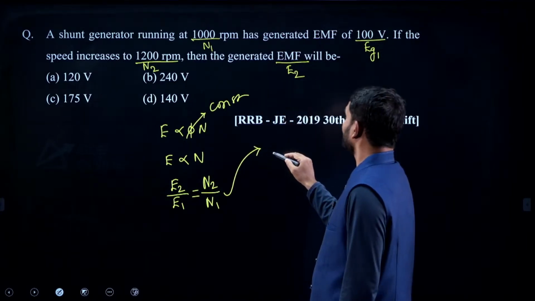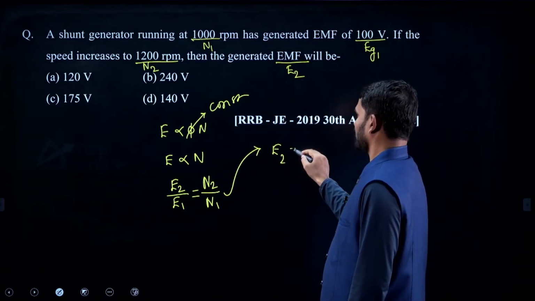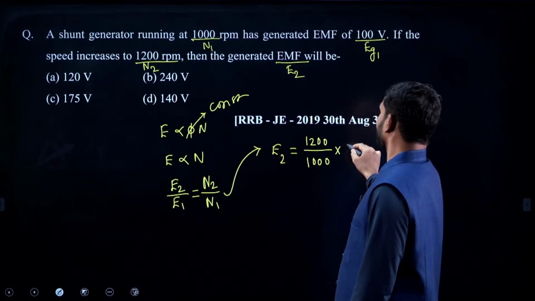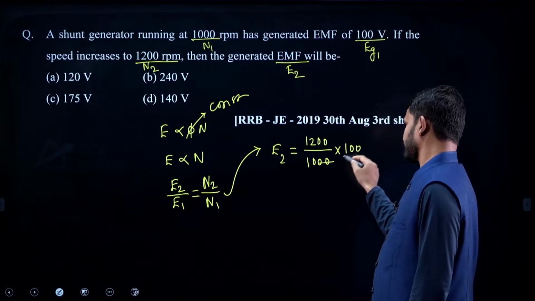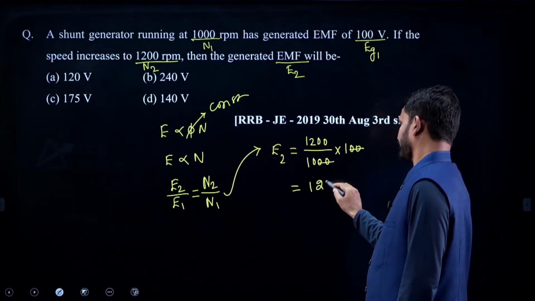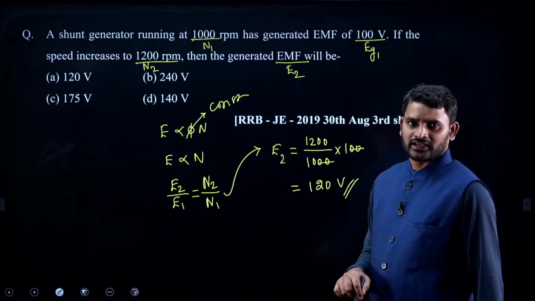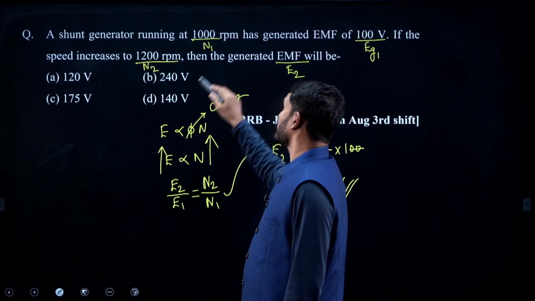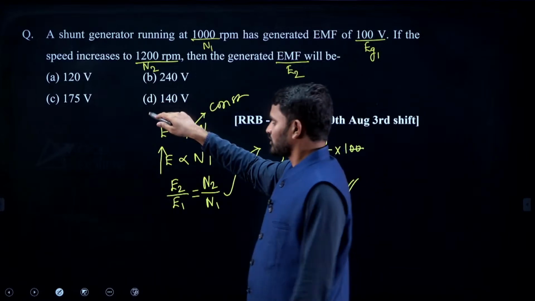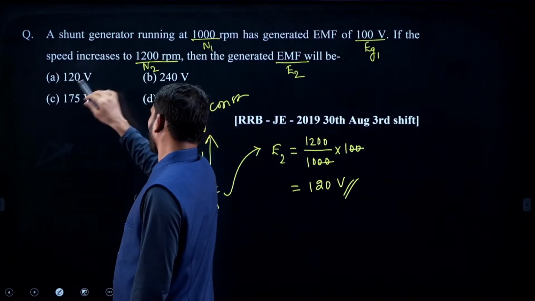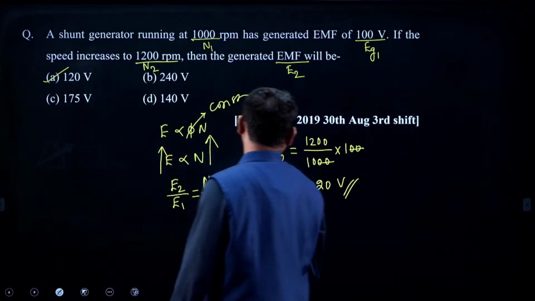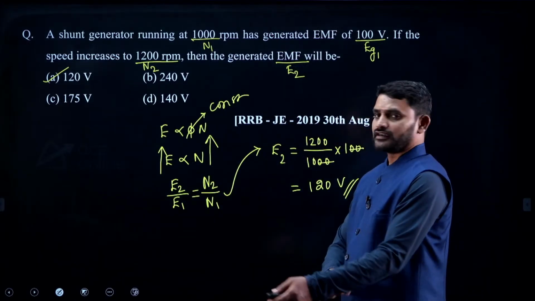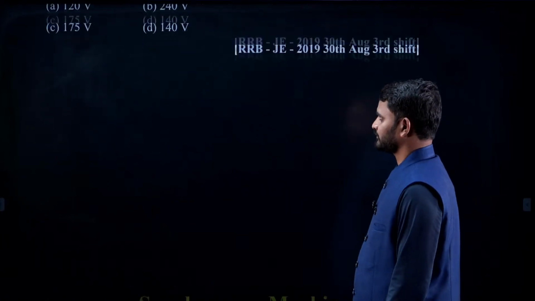So E2 is N2 which is 1200, divided by N1 which is 1000, into E1 which is 100. If the speed increases from 1000 RPM to 1200, definitely EMF also increases from 100 volts to some value. So the answer must be greater than 100. All are greater than 100 only. So you can take up the best answer. 120 volts is the correct answer.